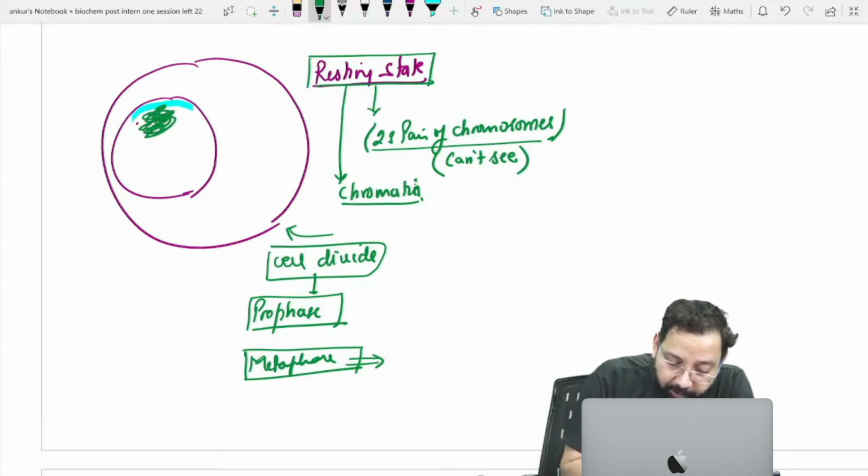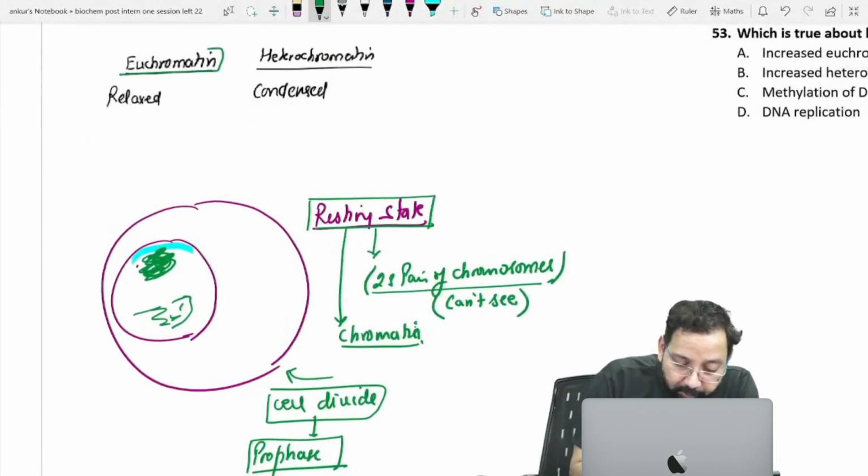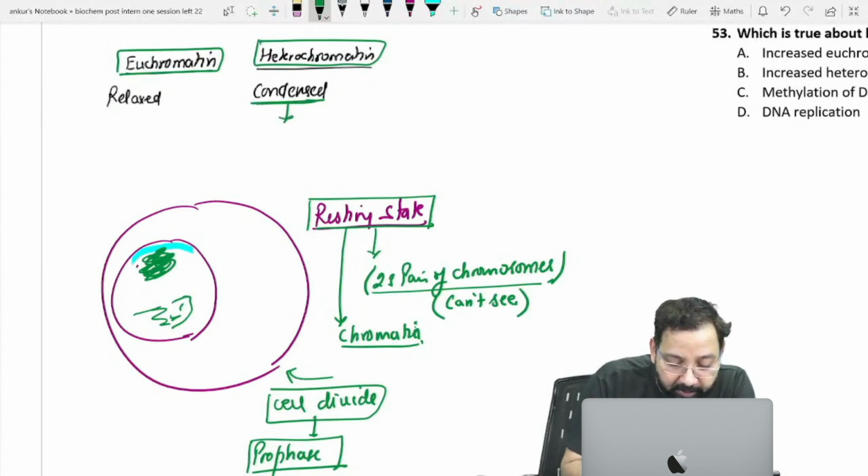Chromatin may be of two types. One is euchromatin and the second is heterochromatin. Heterochromatin is condensed. Condensed means darkly stained.